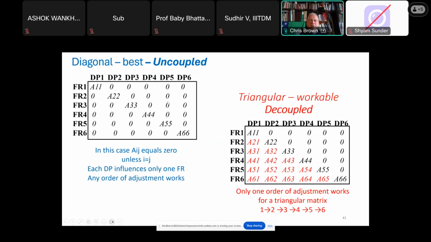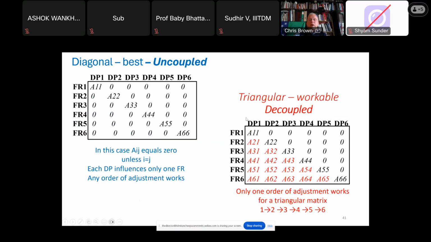If we have off-diagonal terms, we can use linear algebra sometimes and arrange it into a triangular matrix. If we can arrange things or achieve somehow a triangular matrix, it is still adjustable without iteration as long as I do keep to this order.